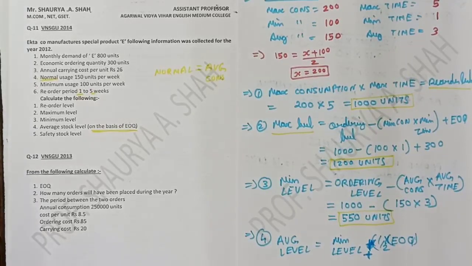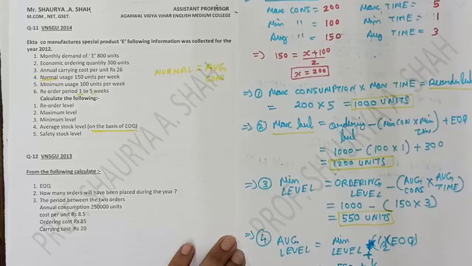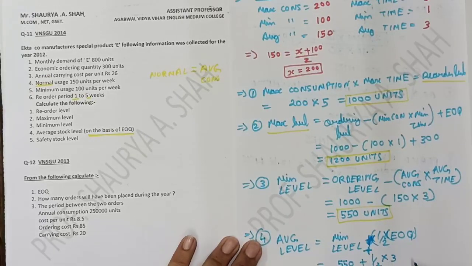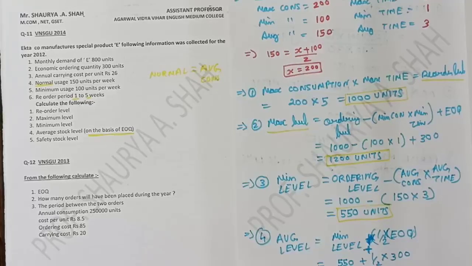Sorry, my mistake, this will be added, not multiplied. So write down the figure of minimum level, 550 units, plus half into EOQ. EOQ is 300 units, right?